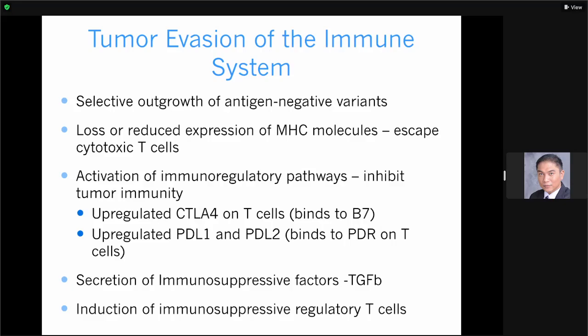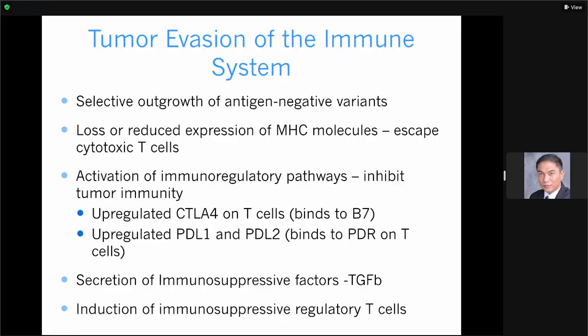Hindi siya mapapansin. Another mechanism to induce anergy is PDL1, PDL2 binding on PD1 on T cells. So ganun din siya. Ganun ang effect, anergy. The fourth to evade the host immune system is secretion of immunosuppressive factors, transforming growth factor beta.